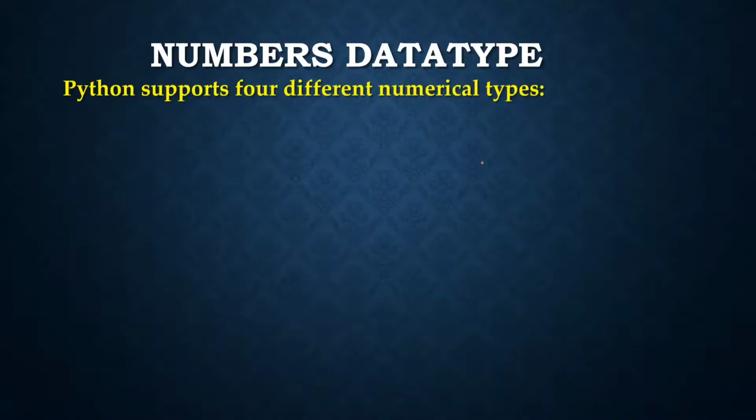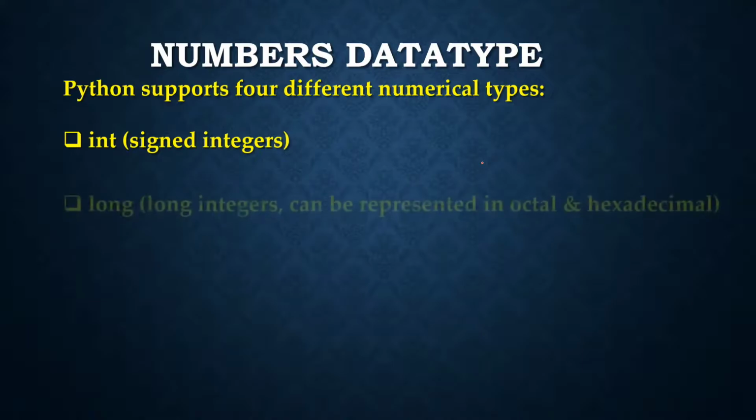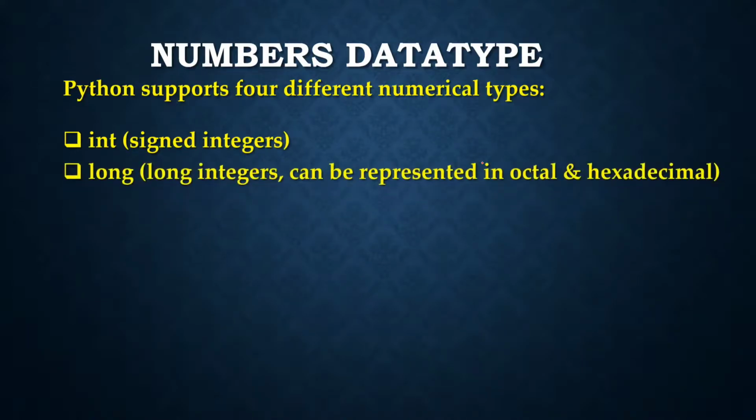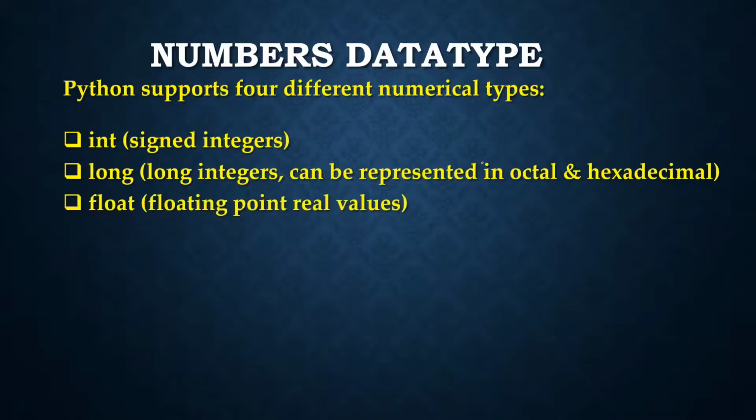We have four different numerical types supported by Python: integer, nothing but the signed integer, which can be plus or minus; long integers that can be represented in hexadecimal or octal; and then we have floats, in short, whose full form is floating point; and then we have complex numbers.